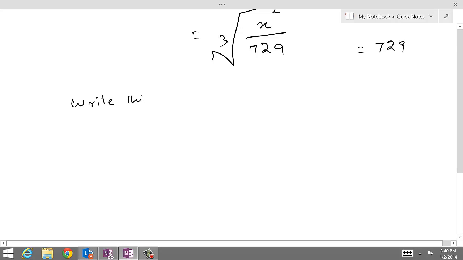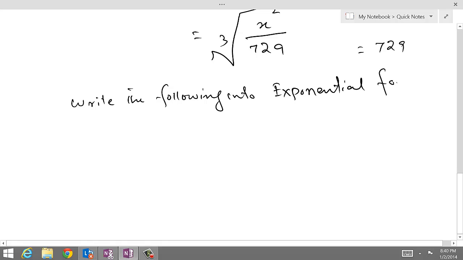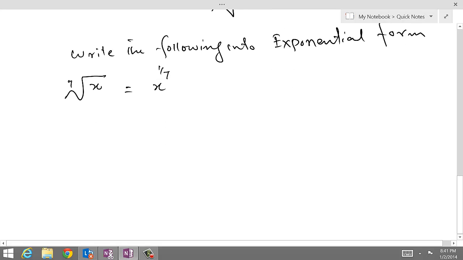Write the following into exponential form. And in this we are given a radical form, x 7th root, meaning index is 7. If the index is 7, we can write x power 1 over 7.